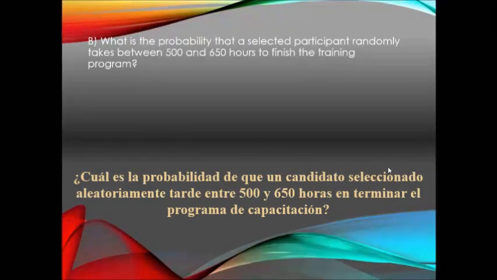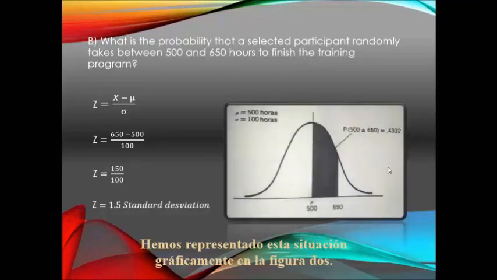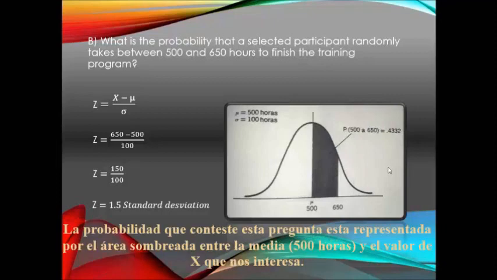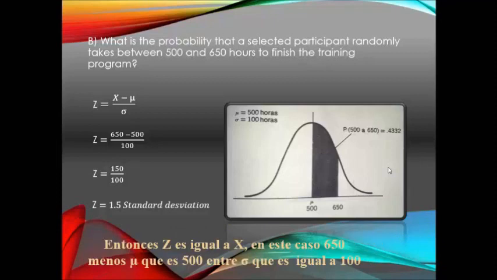Letter B. What is the probability that a randomly selected participant takes between 500 and 650 hours to finish the training program? We have represented this situation graphically in Figure 2. The probability that answers this question is represented by the shaded area between the mean, 500 hours, and the value of X we are interested in. Applying the equation, we calculate the value Z. So, Z is equal to X, in this case 650, less mu, that is 500, divided by sigma, which is 100.